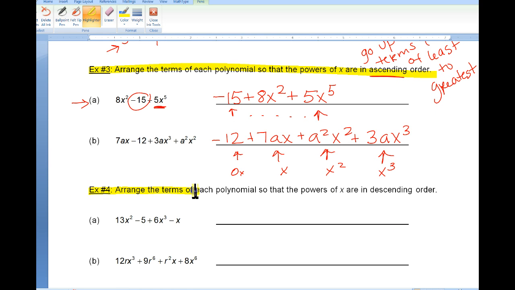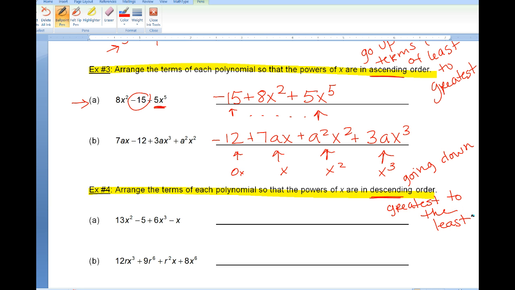So the opposite of ascending order is to put the terms in descending order. In descending order, just like in a plane where you're descending, they're going down. And when they go down, that means you're putting them from the greatest number of x's to the least.